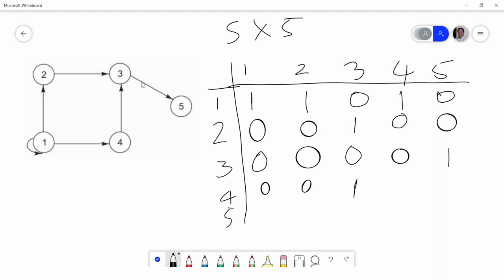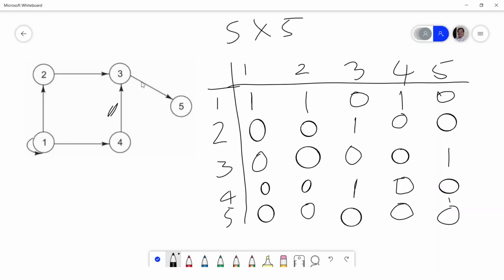From 4 you can see this, so you can certainly write 1. 4 to 4, no. 4 to 5, no, just write 0. Next, 5 to 1, no. 5 to 2, no. 5 to 3, no. 5 to 4, no. 5 to 5, no.